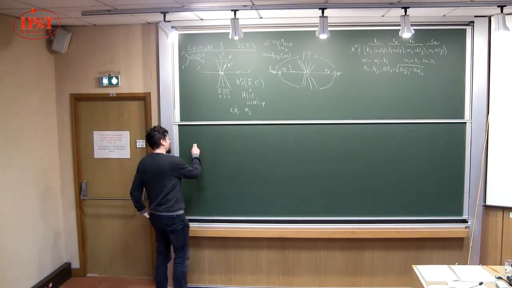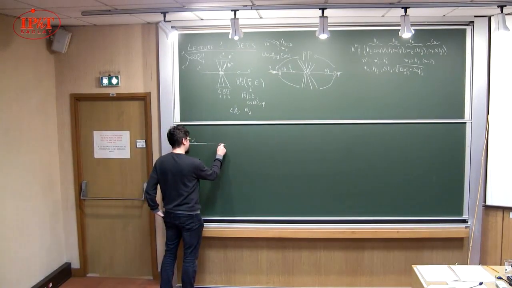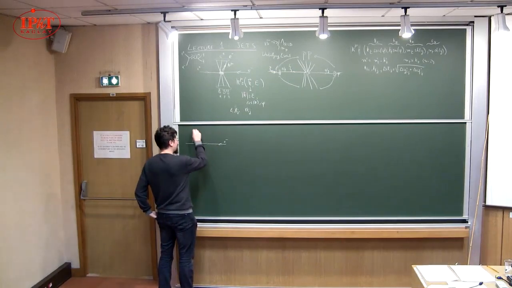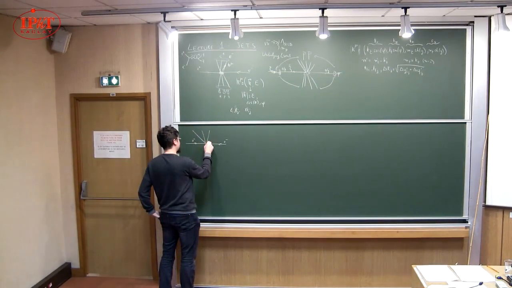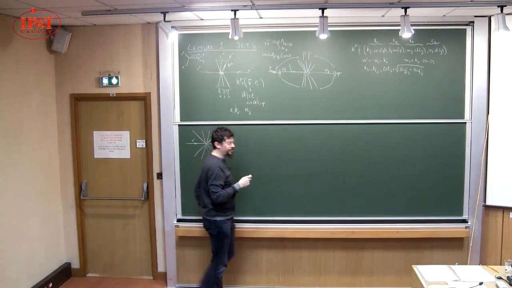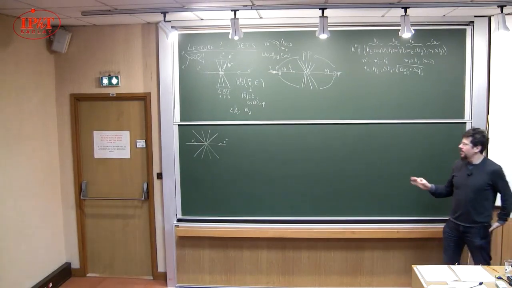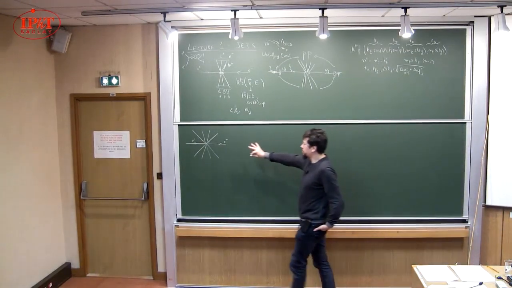So, the first question is, imagine you do an E plus E minus collision, and you look at all the particles in the final state. You essentially want to use QCD or whatever. You want to study the final state, and the first question you want to ask is, what's the topology of the final state?